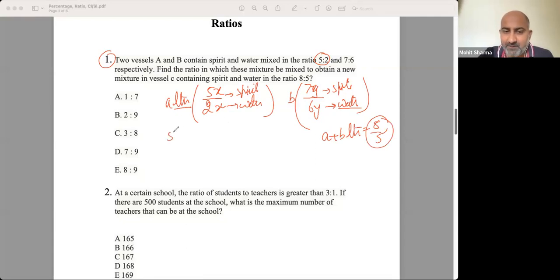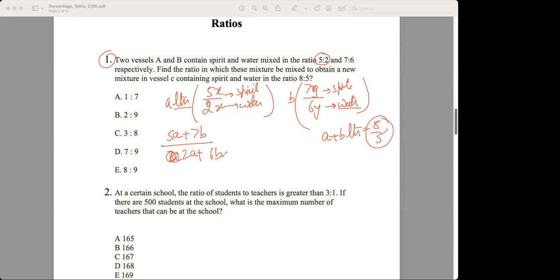So it's like 5A plus 7B upon, let's say, 7A, sorry, 2A plus 6B. Right? So this part I didn't get, sir.